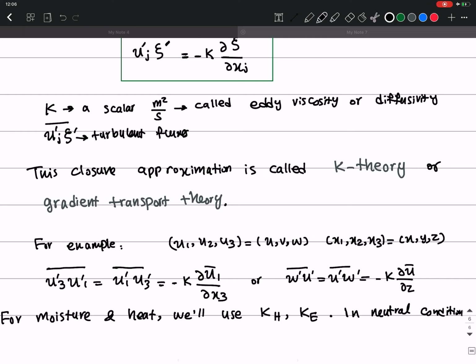KH equals almost KE and equals about 1.35 of Km, or momentum. These are for momentum, right? And these are for heat. So for example, instead of u, we can write w prime theta prime, where theta is temperature, equals minus KH partial theta bar over partial z.